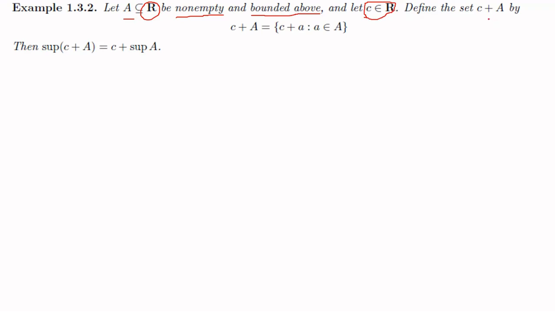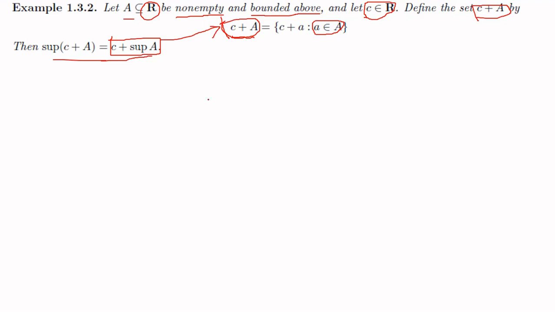Now we are defining the set C plus A by C plus A is equal to the set of all C plus small a, where small a is an element of capital A. Then we have to show that the supremum of this set C plus A is C plus the supremum of A. So you have to show that this quantity C plus supremum of A is the supremum of this set.